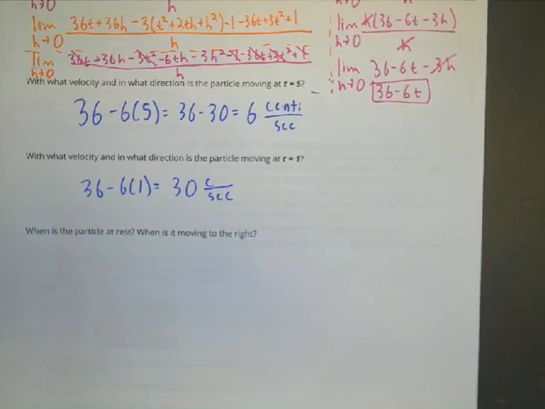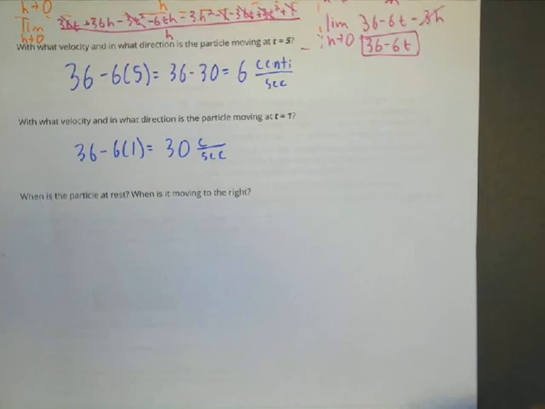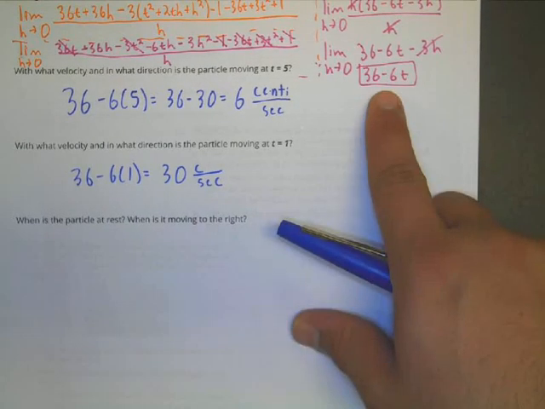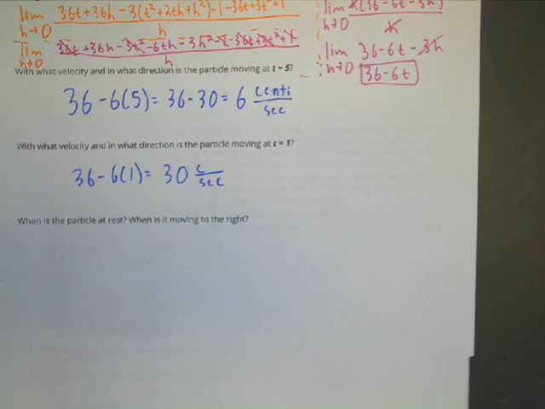Last question: when is the particle at rest? What does it mean for it to be at rest? It stops, meaning that its velocity is 0. So what can we do to this velocity formula? We can set it equal to 0. We wouldn't plug in 0, because that would tell us the velocity when time is 0.